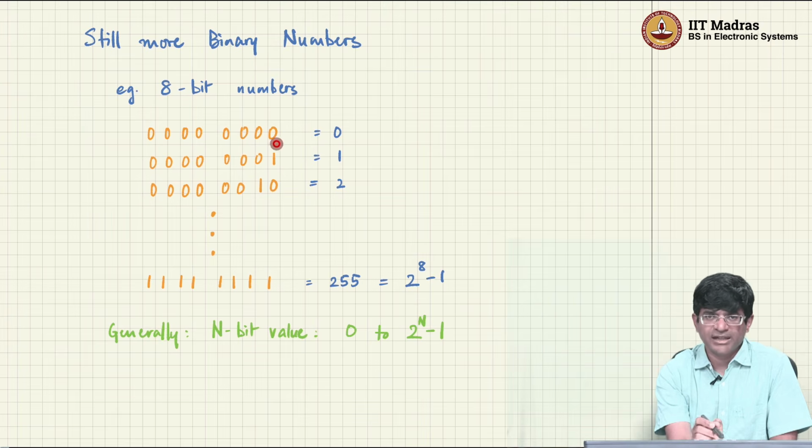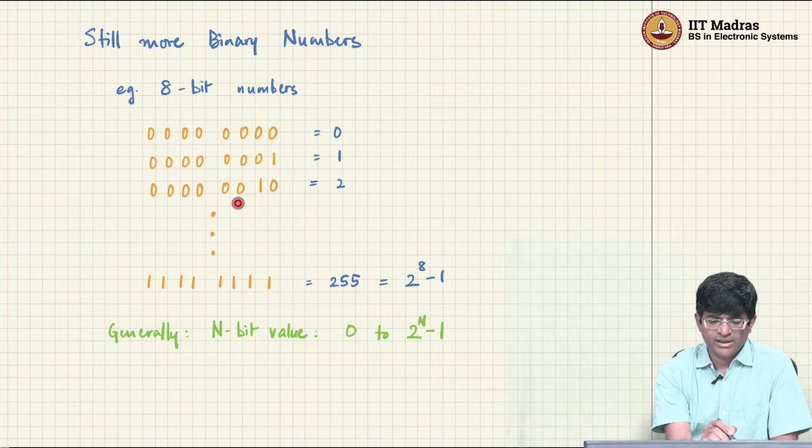We just say if it's an 8-bit number, even if there were leading zeros, I still consider it an 8-bit number and I have to write all the 8 bits. Okay, so the representation for 0 as an 8-bit number is all the bits are 0. If the first 7 bits starting from the left are 0 and the bottom bit is a 1, then I say that that's 1.